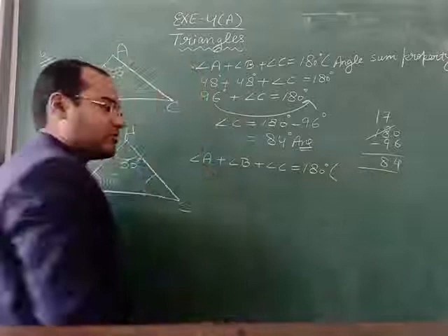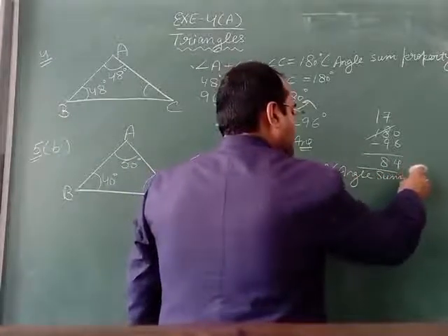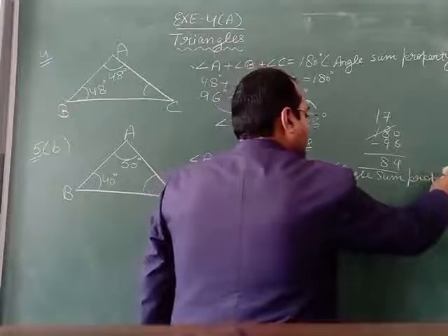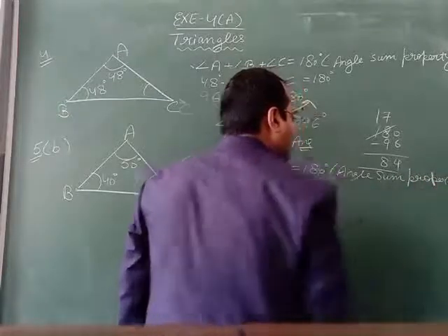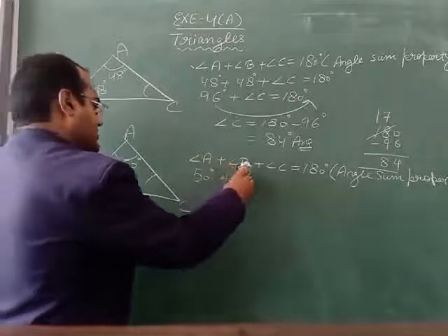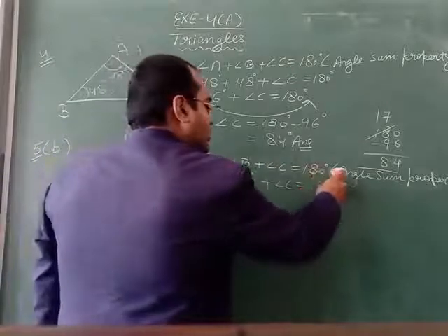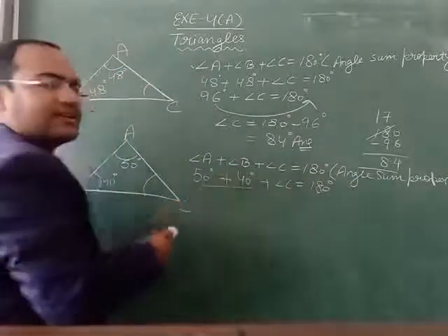Reason is angle sum property. We are using angle sum property here. Now angle A value is given 50 degrees, angle B is also given 40 degrees, C we don't know. In order to find C, first of all we will add these two angles.